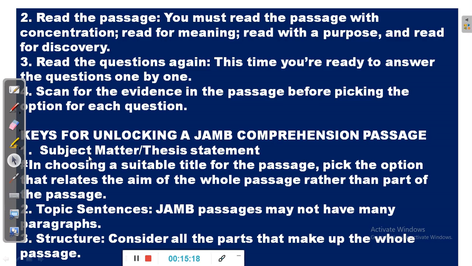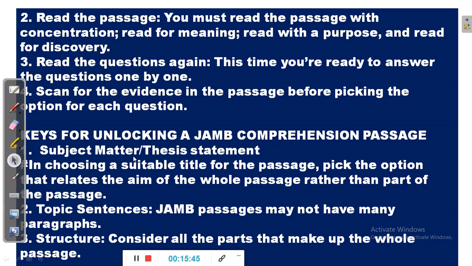Every piece of writing or passage usually has a topic, what the entire passage is all about. And you will find the subject matter in the first paragraph. So you have to look for the subject matter in the first paragraph. That will show you what the writer is really discussing in the entire passage.